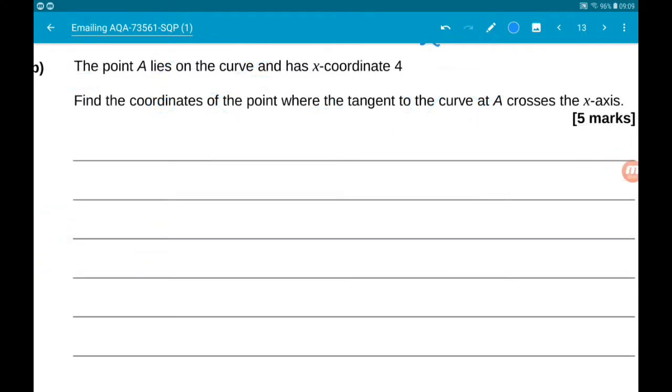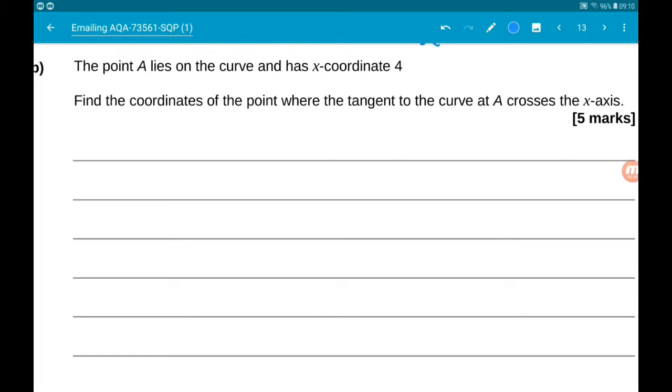Okay, now for part B, we've got a nice 5 marker. We are told the point A lies on the curve and has x coordinate 4. We want to find the coordinates of the point where the tangent to the curve at point A crosses the x-axis. So, quite a big question.